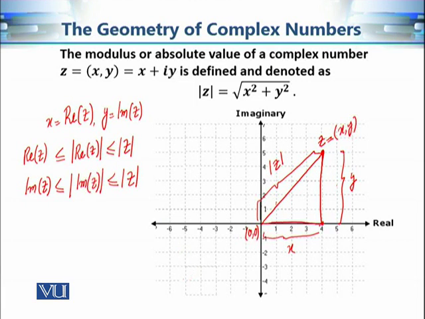And we also know from Pythagoras theorem that for a right angle triangle, and we can observe that it's a right angle triangle since this one angle is 90 degrees, the square of the length of the hypotenuse is equal to the sum of the squares of base and perpendicular. So in this case we have the modulus of z squared is equal to x squared plus y squared, or in other words, the real part of z squared plus the imaginary part of z squared.